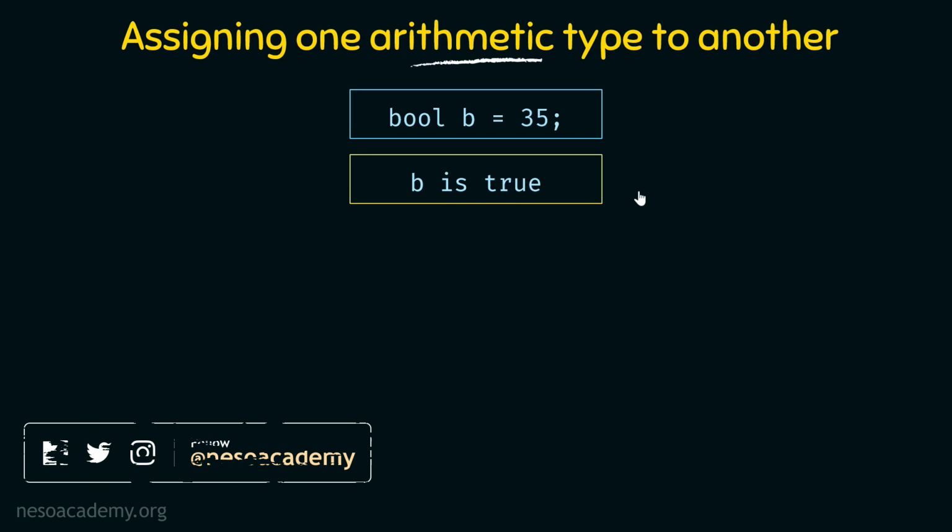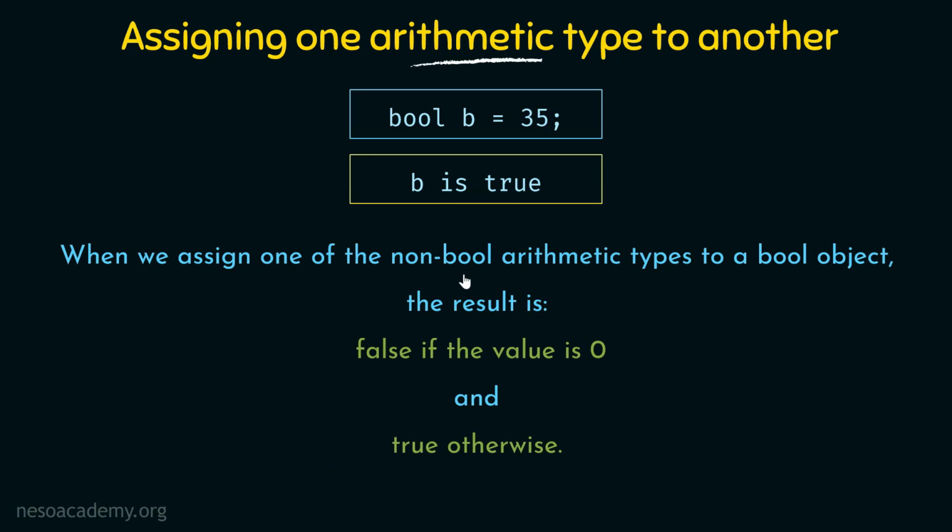Now, why did this happen? Let's see. When we assign one of the non-bool arithmetic types to a bool object, the result is false if the value is 0 and true otherwise. So what it means is that if we have a Boolean type variable or object, and to it we assign a non-bool arithmetic type, here 35 is not a Boolean, it is an integer type, so we are assigning an integer type to a Boolean type.